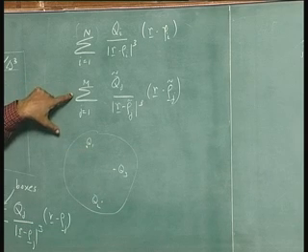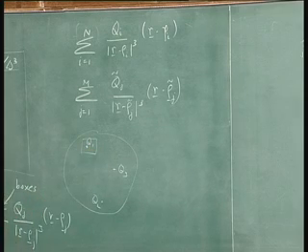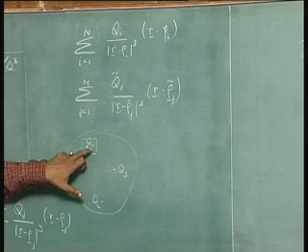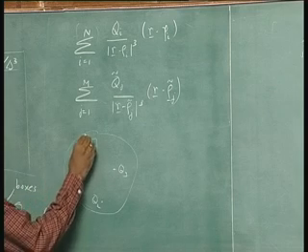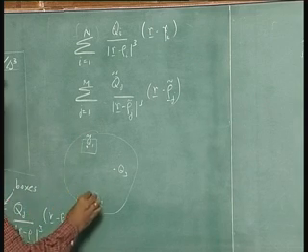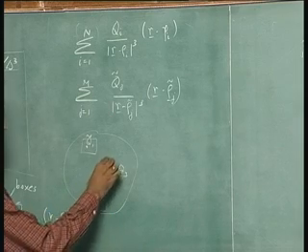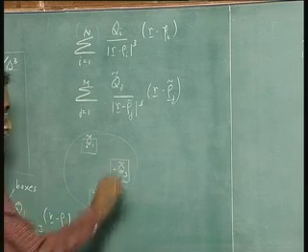When I look at the second case, what I have done is I have taken all the particles in this region, summed them up separately and got q tilde 1. I have summed up all the particles in this region and got q tilde 2. I have summed up all the particles here and got q tilde 3.